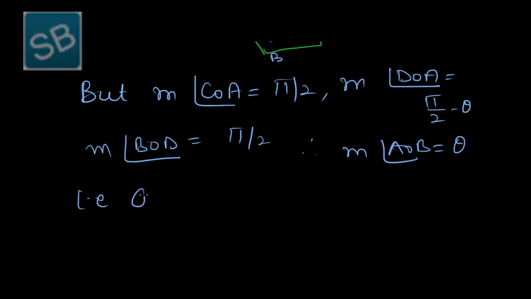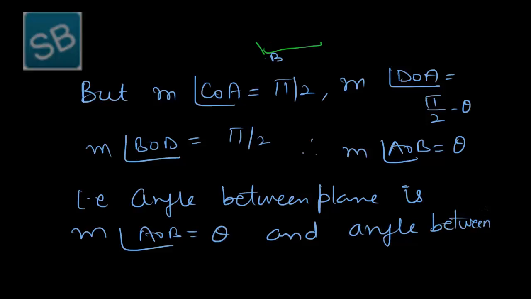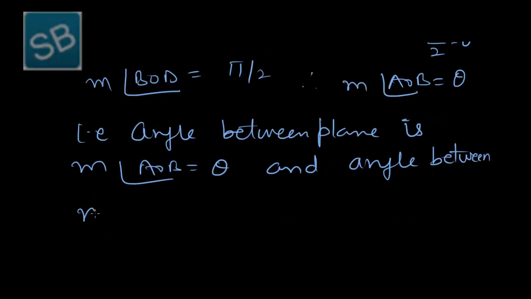That is, the angle between planes is the measure of angle AOB, which is theta, and the angle between normals is angle COD, which is also theta. Therefore, the angle between planes and the angle between normals are the same.